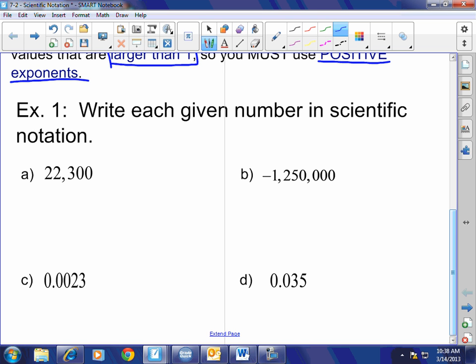Where is the decimal of this number? Very good. It's right here at the end, just like money. Where do I move this to make it between 1 and 10? You have to move it to the decimal spot where it's going to be between 1 and 10. So we're in between the 2 and the 2. Okay, so you're going to go 1, 2, 3, 4 places to the left.